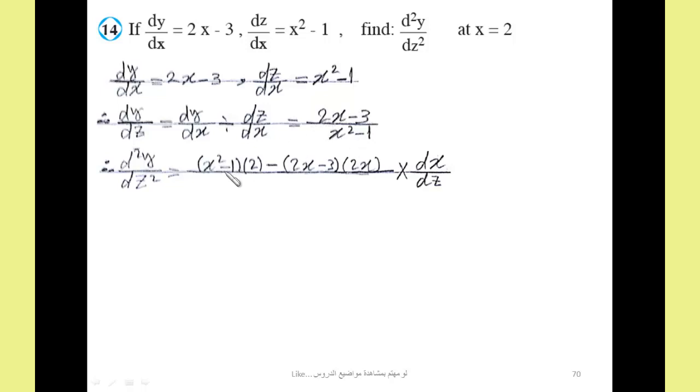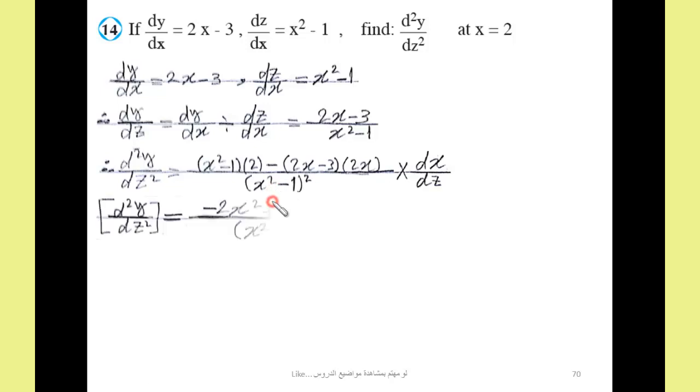We write the denominator multiplied by the derivative of the numerator, which is 2, minus the numerator multiplied by the derivative of the denominator. The derivative of x² - 1 with respect to z equals 2x multiplied by dx/dz, over the denominator squared, and we write it.